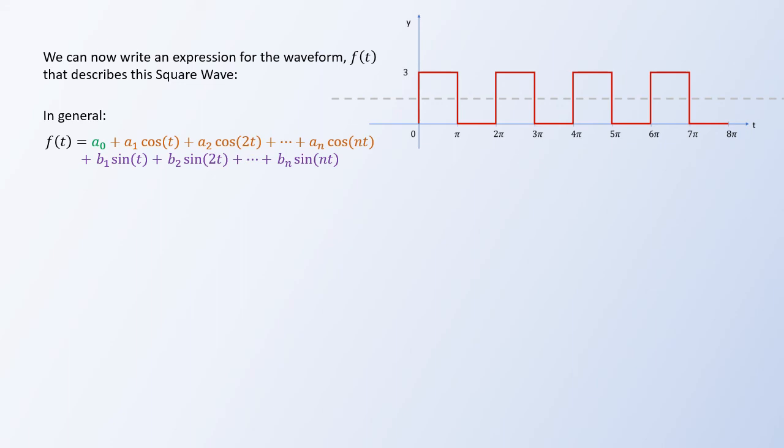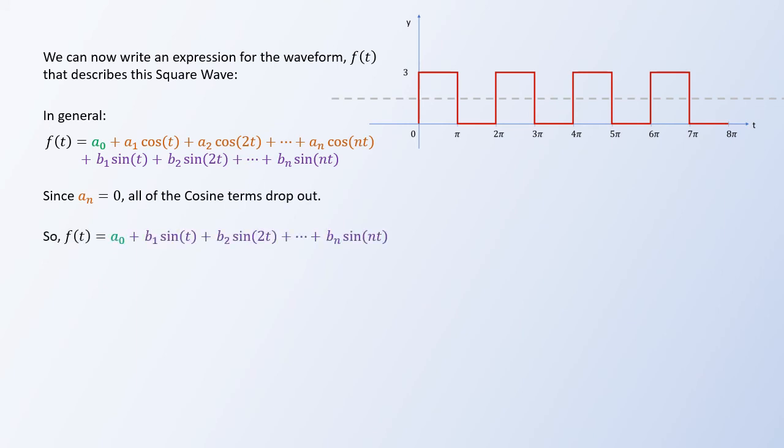So in general, a Fourier series for any waveform can be written as f of t is equal to a sub 0 plus a sub 1 cosine t and so forth for all of the cosine terms, a sub n times cosine nt, plus all of the b terms times the sine, where the last term is b sub n sine of nt. But remember that all of the a sub n's are 0, and so all of those cosine terms will drop out.